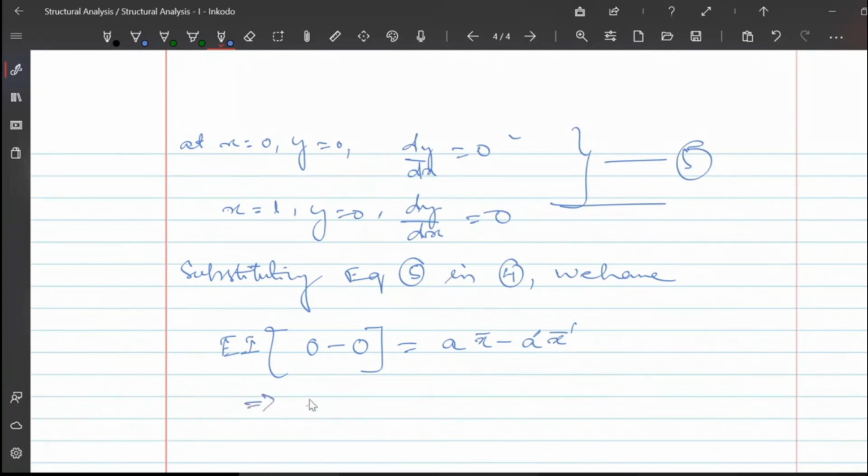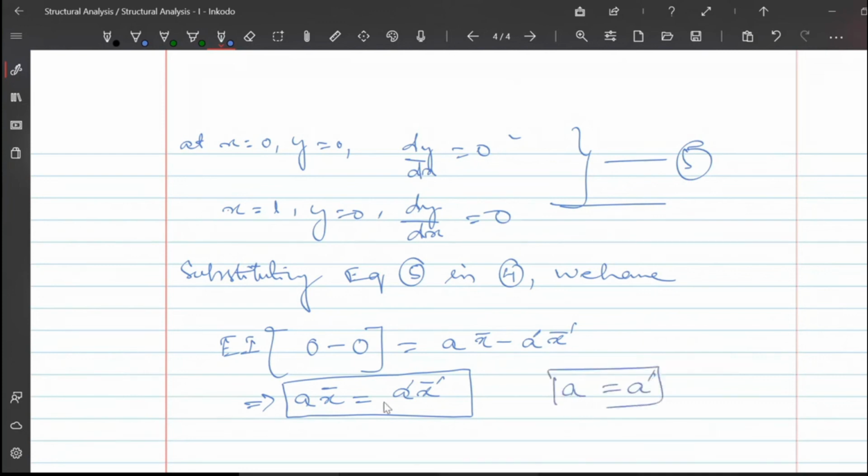So this implies Ax bar equals to A bar x bar dash, and we already know that A equals to A bar.